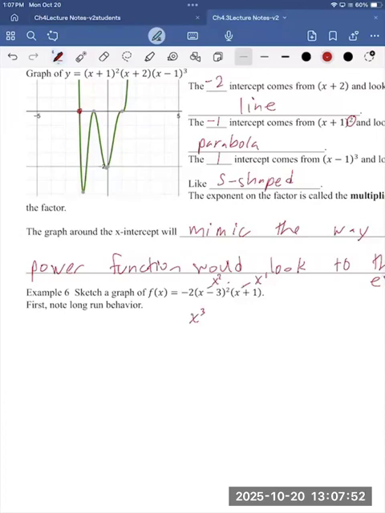So I know it's a negative degree 3 polynomial. I think about the long-run behavior of something like that.